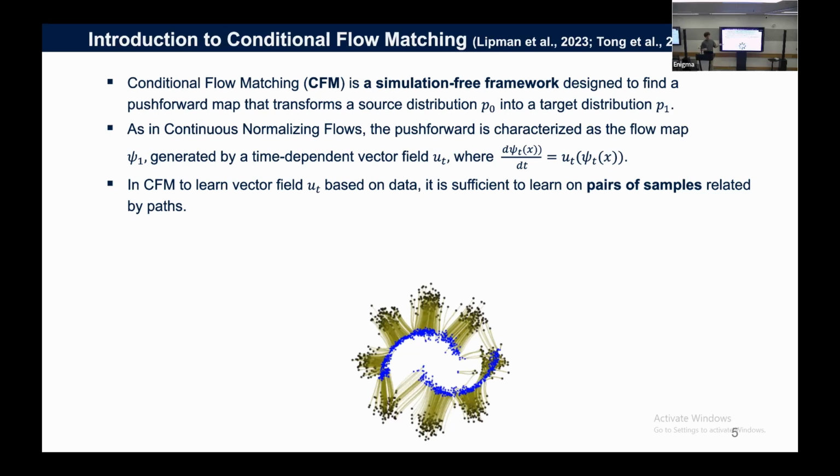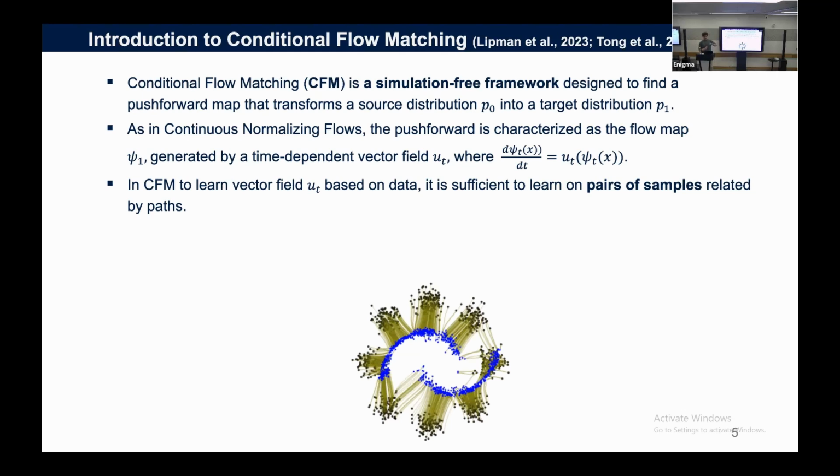So what was the game changer? Continuous normalizing flows were, mathematically speaking, very nice. You give me samples, I can describe a density as the push-forward of a neural network. I can do KL divergence, and I train my neural network to maximize the likelihood of what I can observe. The problem is, if you have to solve a differential equation each time you evaluate the likelihood, it's a pain.